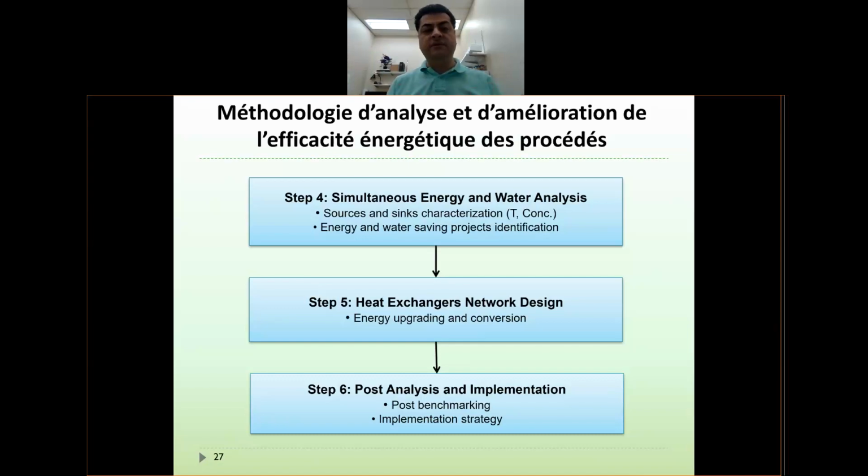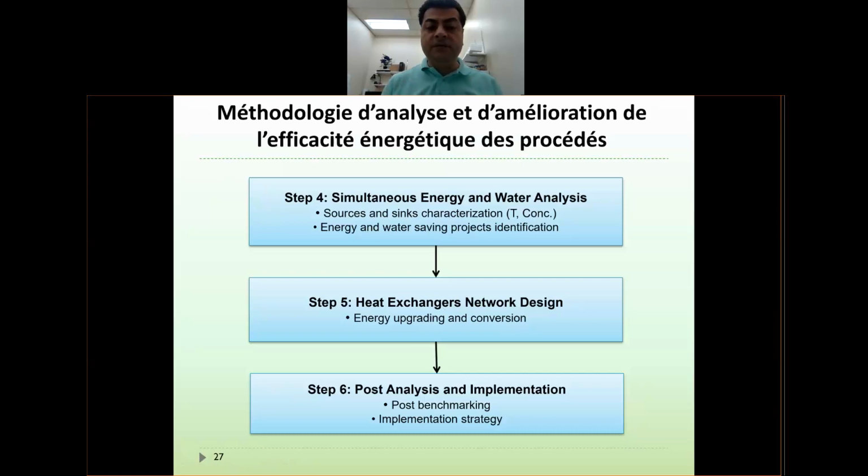As we discussed before, you apply thermal pinch and water pinch to identify first heat sink and heat source or water sink and water source of the process, and then you start to make strategies for how they can look. And after that, in step 5, you start to design your heat exchanger network.